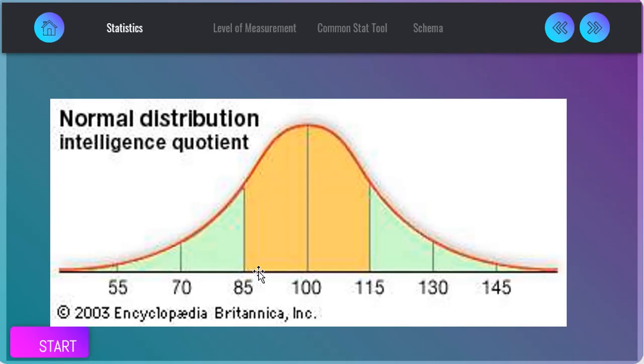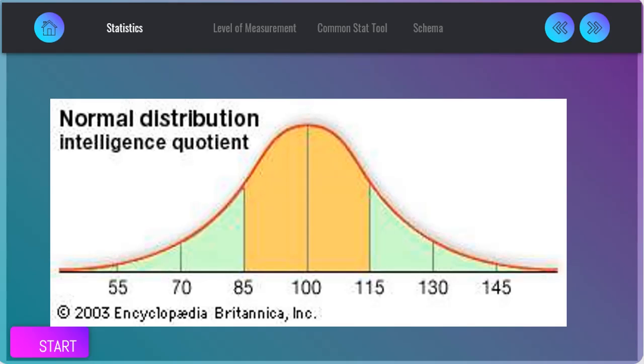Okay, going back to the graph, very few fell into the borderline, which is between 55 to 85, and very few of the participants fell on the genius side, which is above 115.